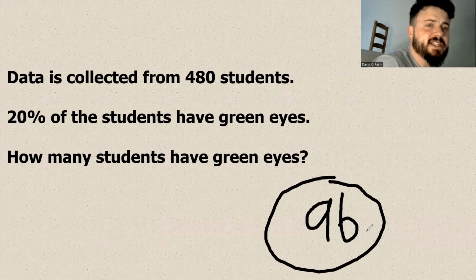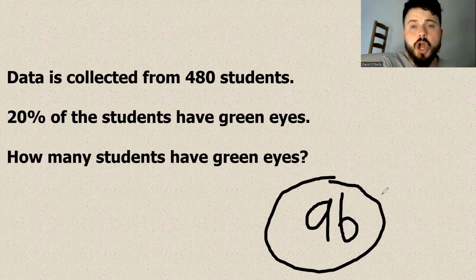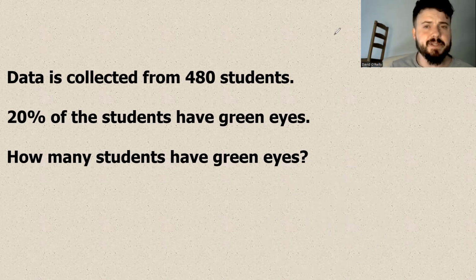Alexa, what is 20% of 480? 20% of 480 is 96. Once you've checked your answer and you see that you're correct, you know you're using the method, the process correctly. So once again, with your parents' help, ask to get some percentage questions and practice, especially if you didn't get these correct.